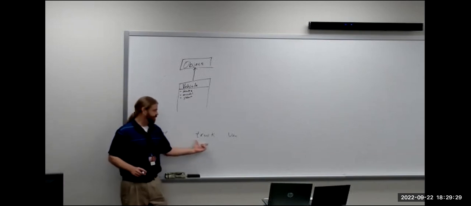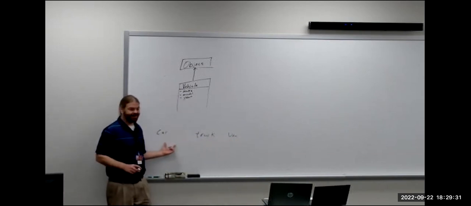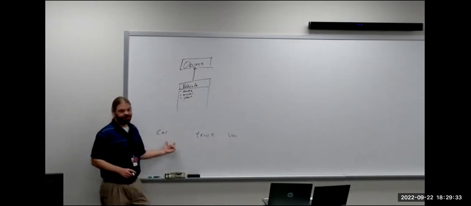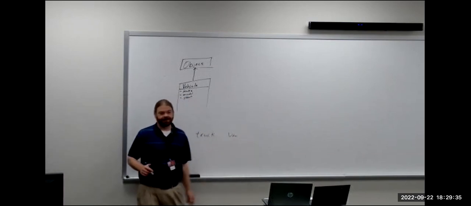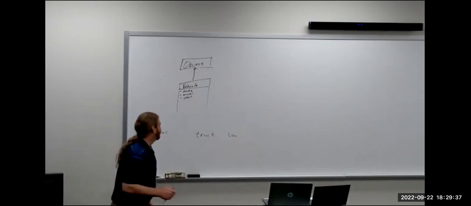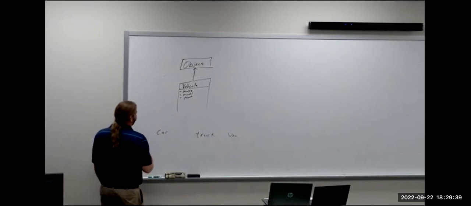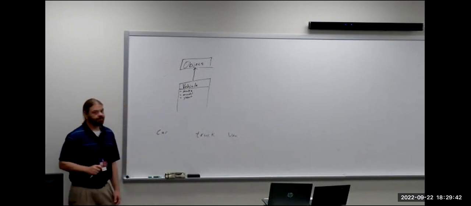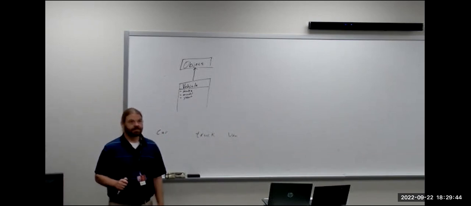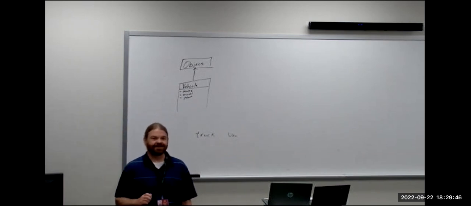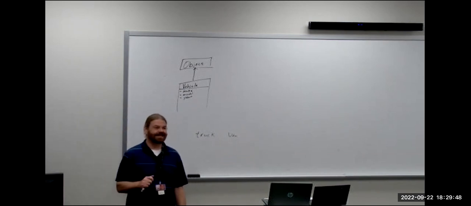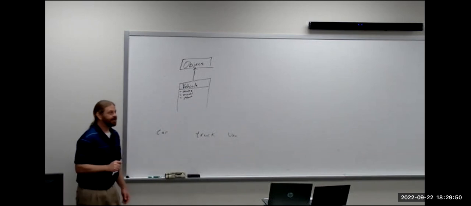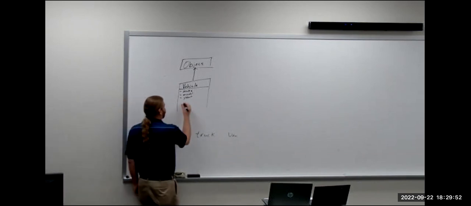Number of doors we don't need to really worry about till we get down to 4-door, 2-door, or 3-door, I guess. Might be a good summary on that. Probably want to include a method in here, so I'll go ahead and put an accelerate and decelerate method. So we'll need a speed so that we can change it.